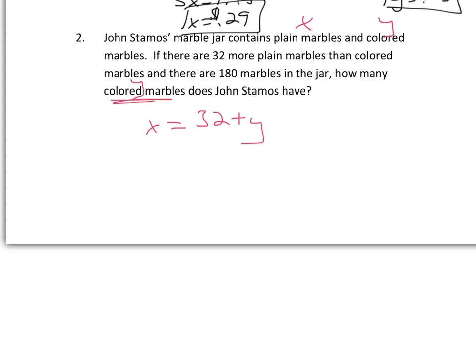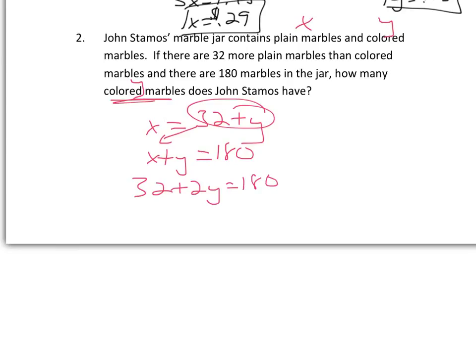The total is 180, so X plus y equals 180. Figure out how many y's we have. Substitution is already set up for us, which is really nice. The 32 plus y is what we're going to plug in for x. We have 32 plus 2y equals 180. Subtract 32 to get 148, divide, and y equals 74.